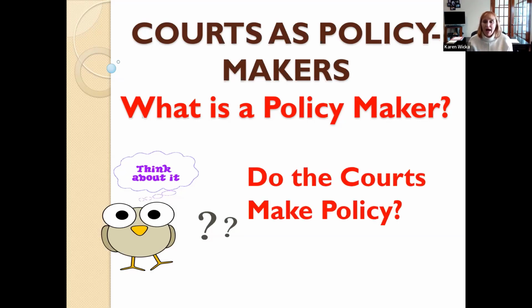Okay, so a policymaker is somebody that makes a rule or law. And we say that for the legislative branch, the legislation should create laws. But sometimes with its court decisions, the court is accused of making policies or laws, right?